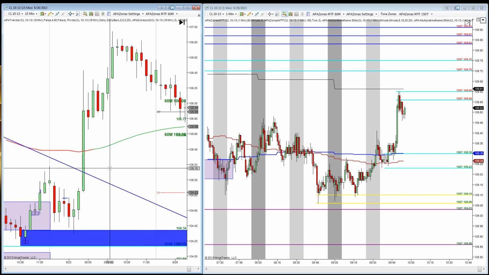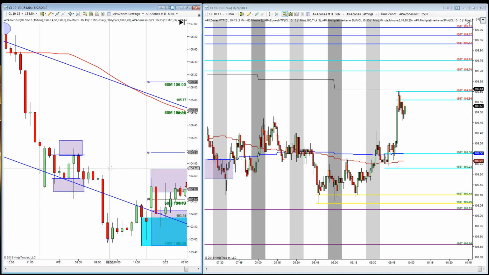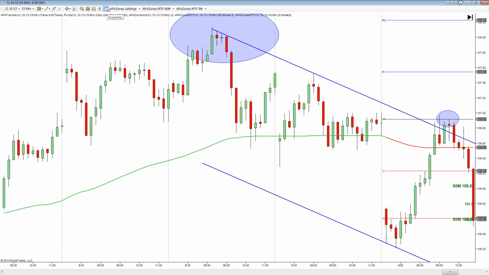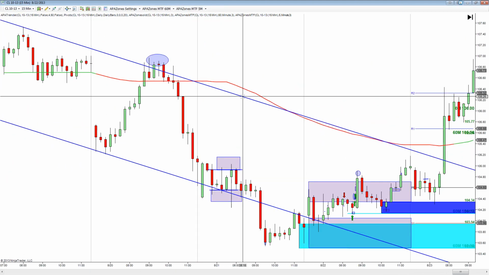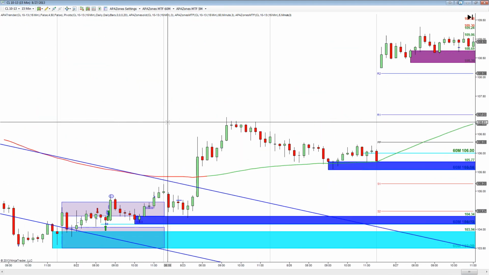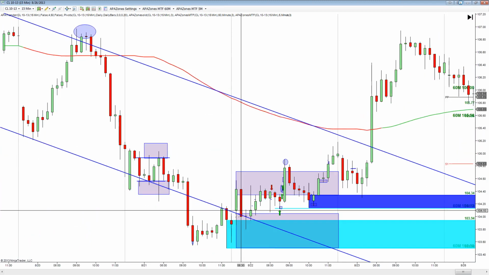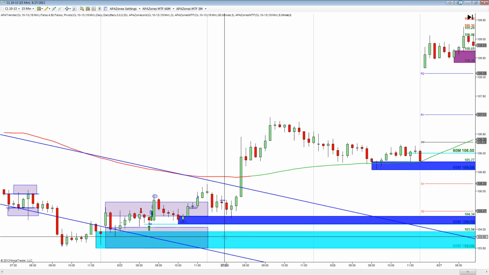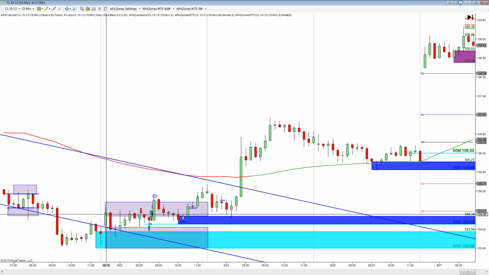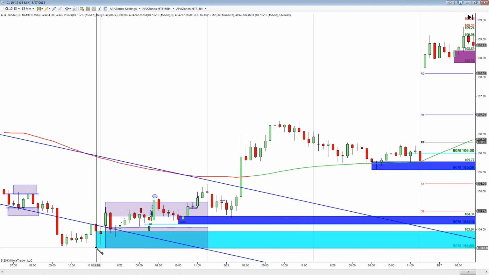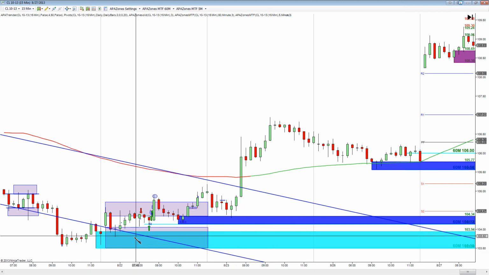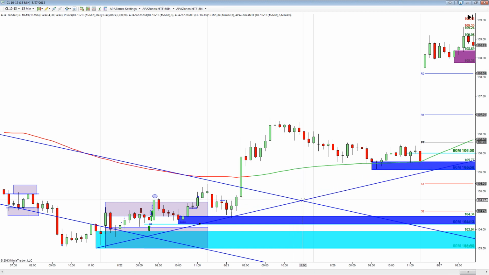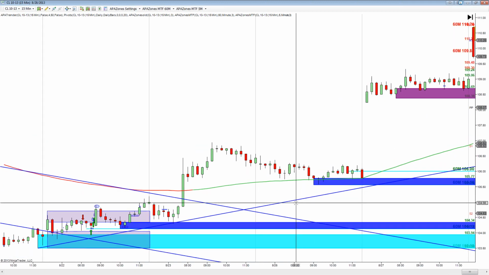You can see some of this stuff here, it's been a lot of range, going back and forth. We went outside of the channel lines that I had drawn like last Friday, so I was thinking that we should draw an up channel on this thing, but it has actually surpassed those by quite a bit, as it jumped up to like 112 in the Globex session. It was pretty crazy.